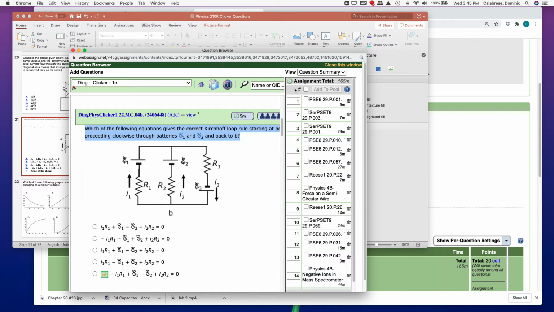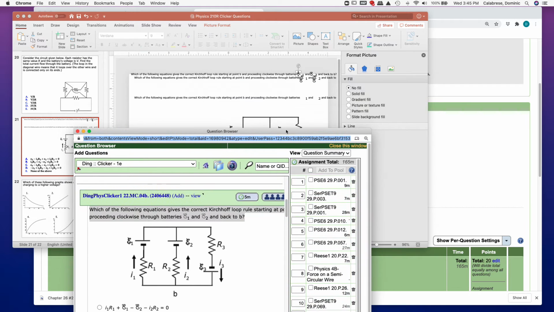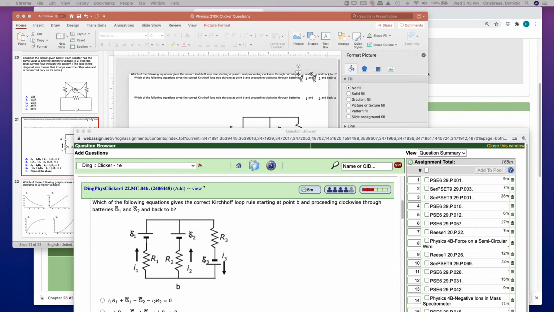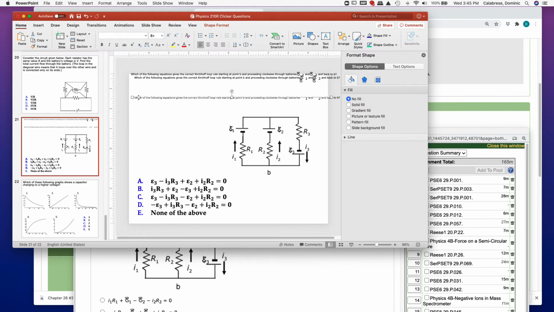Let me do this because I'm having trouble. Let me present the question this way. For some reason, it's not allowing me to copy like I usually do.